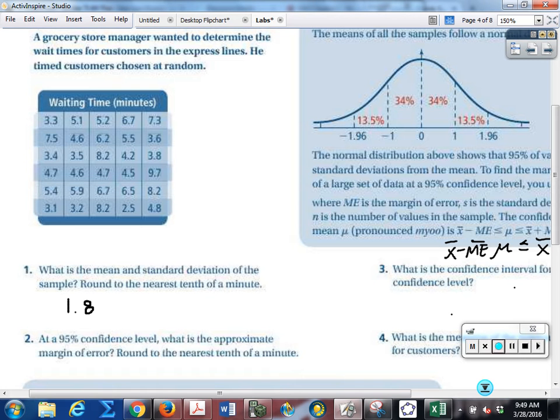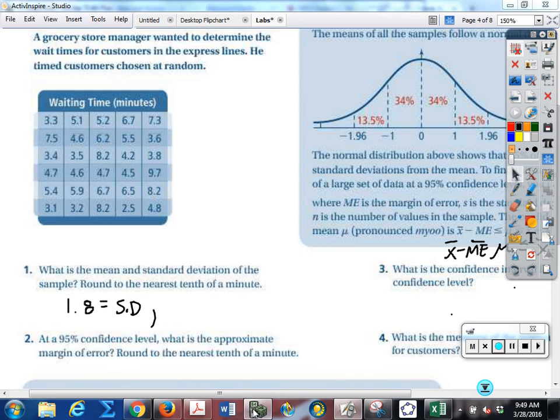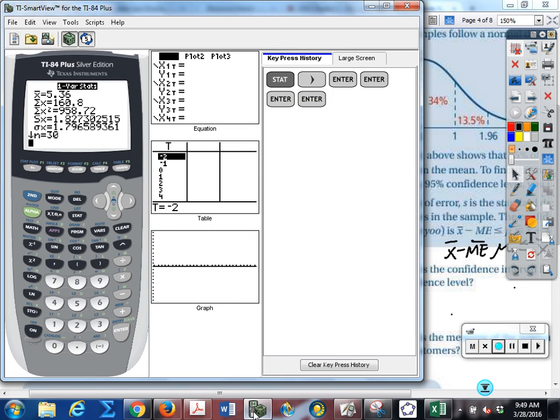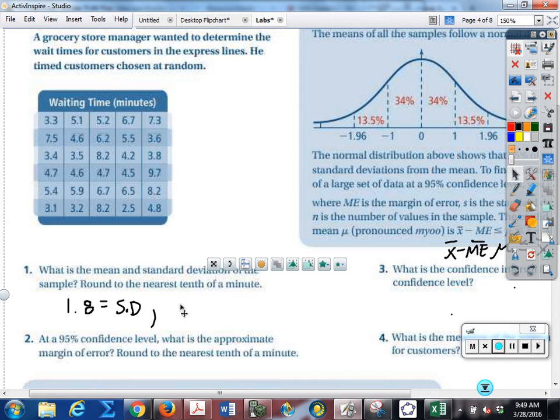And for our mean, you guys tell me if you're at the same number. The mean was 5.36. Yeah.